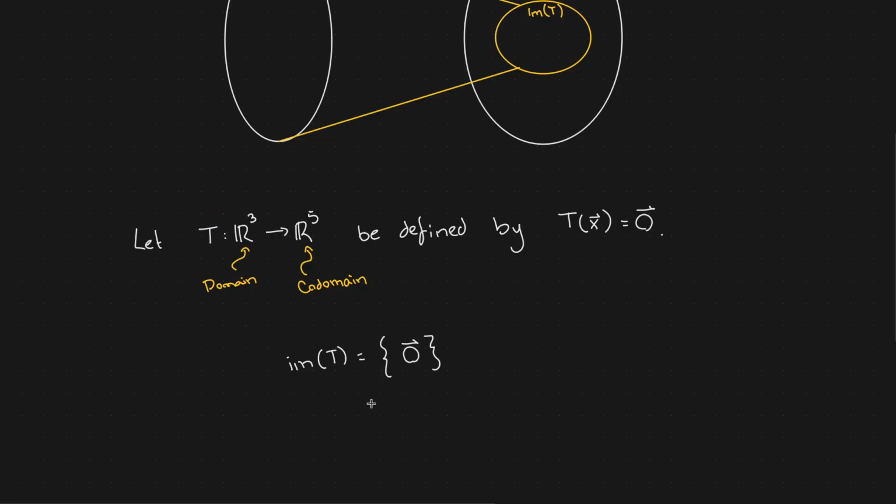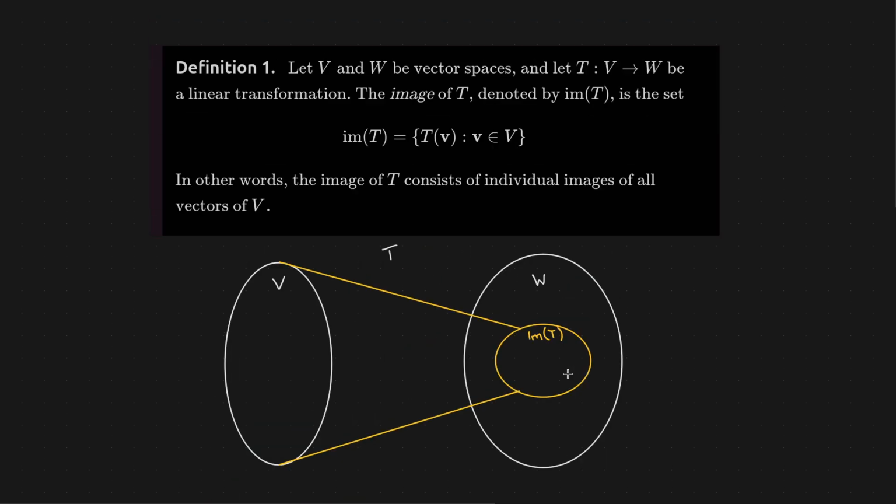So what I want to do now is think about this in the sense of a matrix transformation. Remember, we're thinking of linear transformations as an extension of matrices. So I want to see what happens in the special case of a matrix. What would the image of T be where it's a matrix transformation?